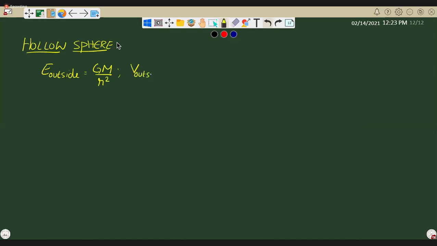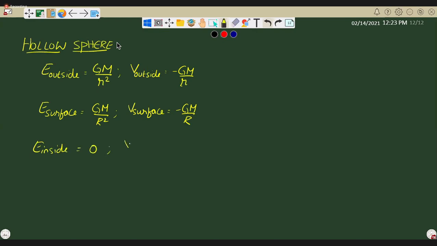V outside, minus GM by r. Surface: E is GM by capital R squared, V surface is minus GM by R. Inside: E inside is zero, V inside is minus GM by capital R.